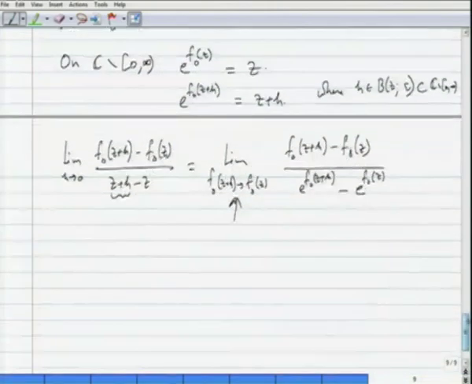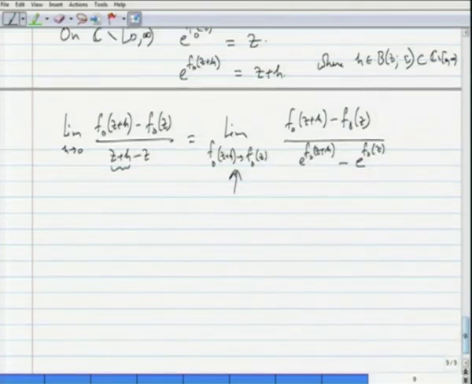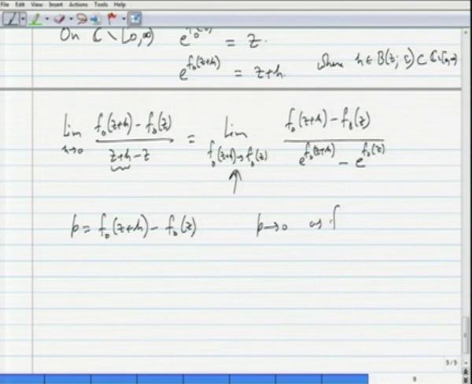And then I will write this further as the limit as f_0 of z plus h minus f_0 of z. Let me take p equals f_0 of z plus h minus f_0 of z. And p approaches 0 as f_0 of z plus h tends to f_0 of z.